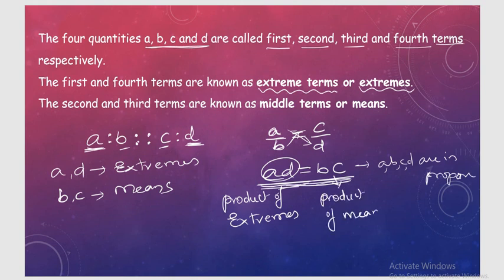So from this we can say the product of extremes is equal to the product of means.